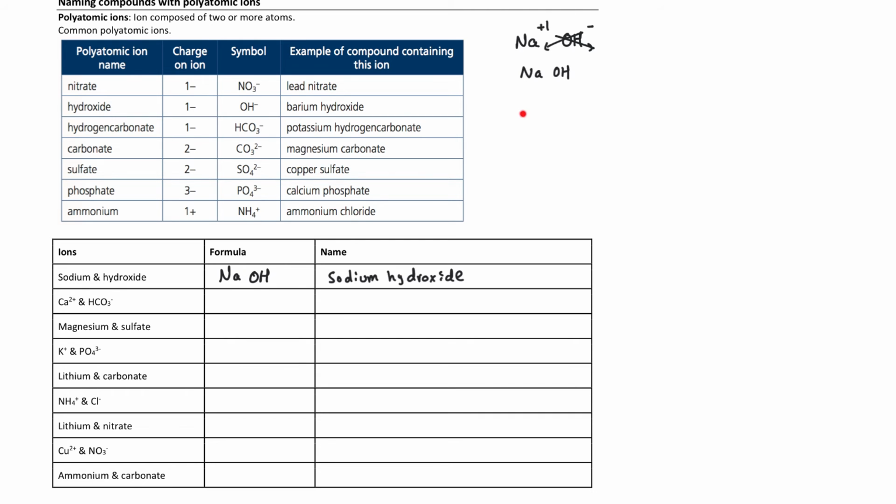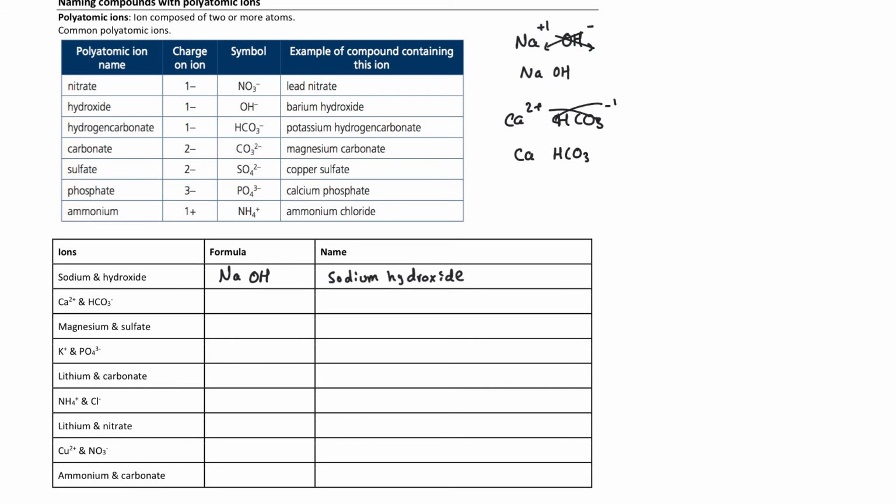We got calcium here, so we got Ca with +2, and we got HCO3 with -1, which is the hydrogen carbonate. And the same idea applies. We do the crisscross, and Ca gets the 1, and HCO3 here gets the 2.